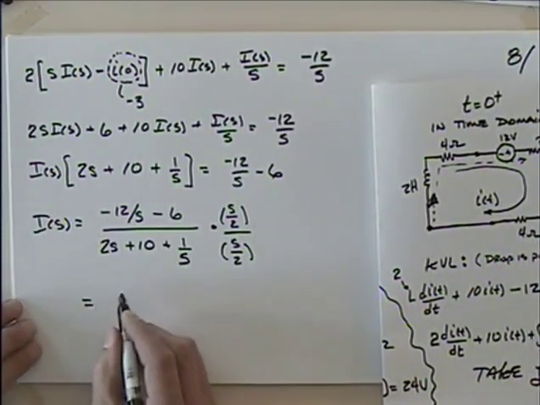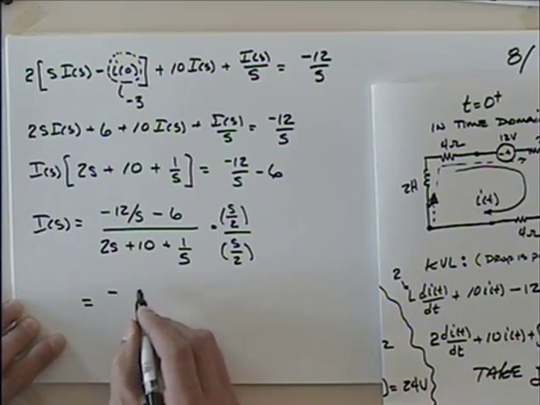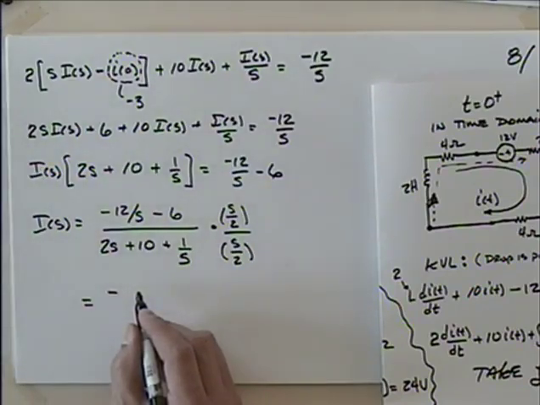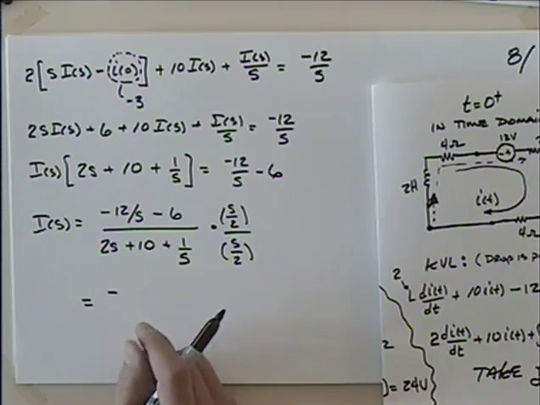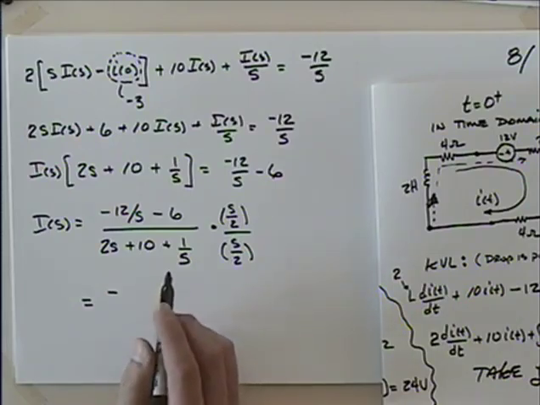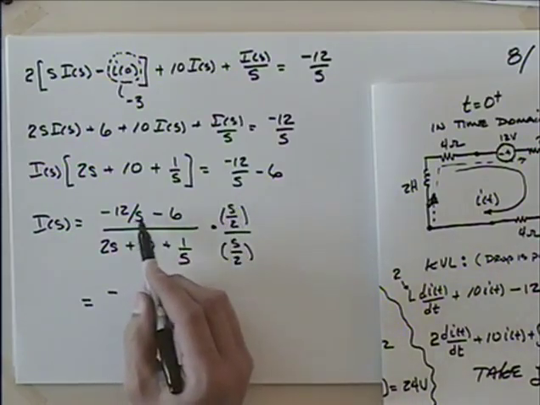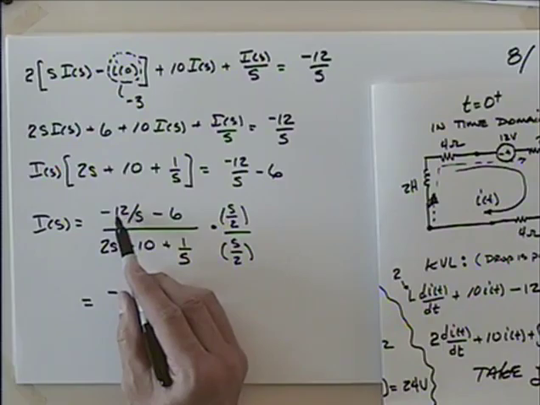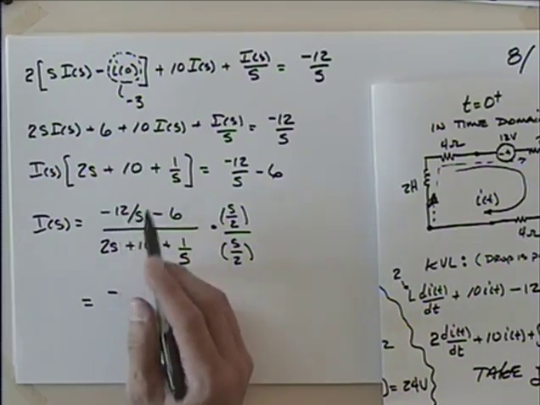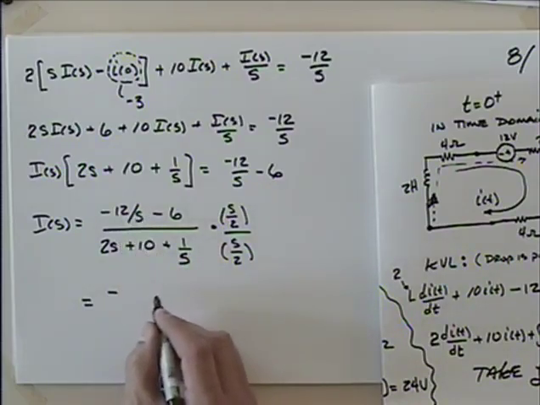So we end up then with minus, what, is that right? Let's see, so I multiply by s, I cancel that out, negative 6, okay.